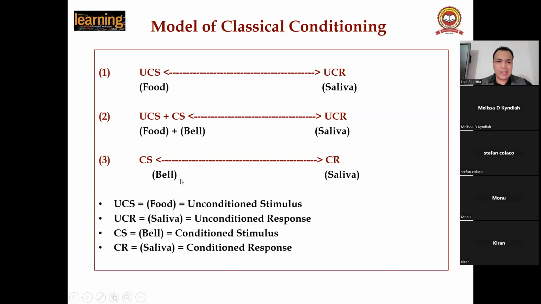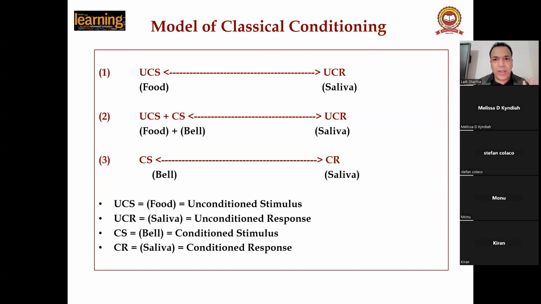CS means conditioned stimulus and CR means conditioned saliva. Okay. Now look at the first point. Right? When there is a UCS, the result would be UCR. Okay. Unconditioned stimulus, unconditioned response.